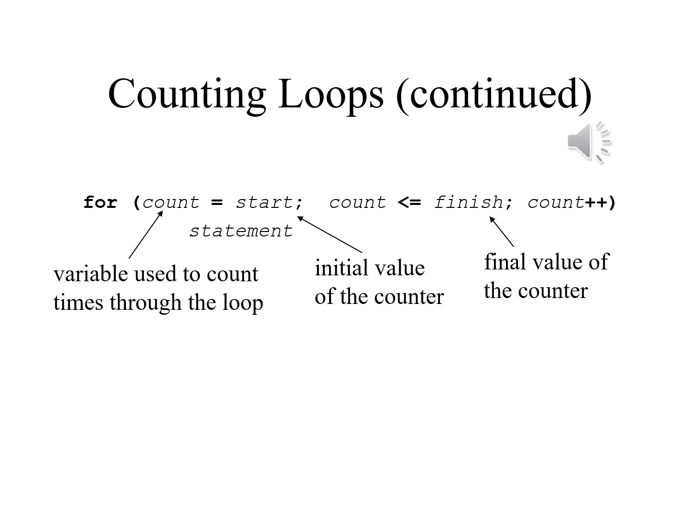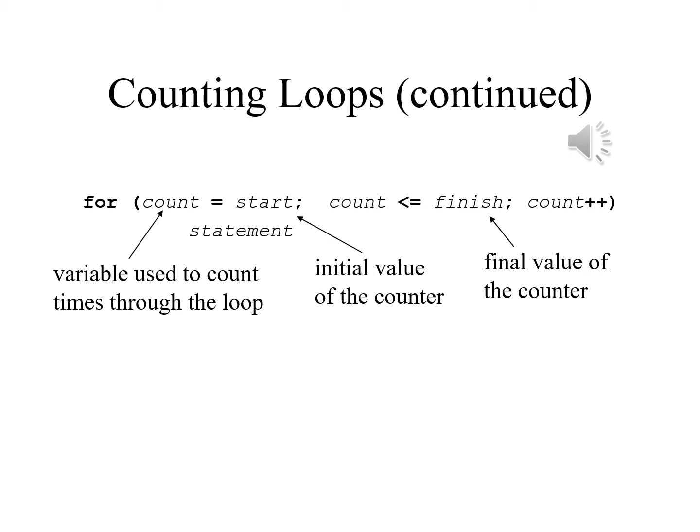Let's take a good look at the for statement itself. After the reserved word for, we have an open parenthesis, and 3 expressions inside the parentheses, separated by semicolons. Count = start gives an initial value to the variable that we will use to count the number of times we go through the loop. Count <= finish.